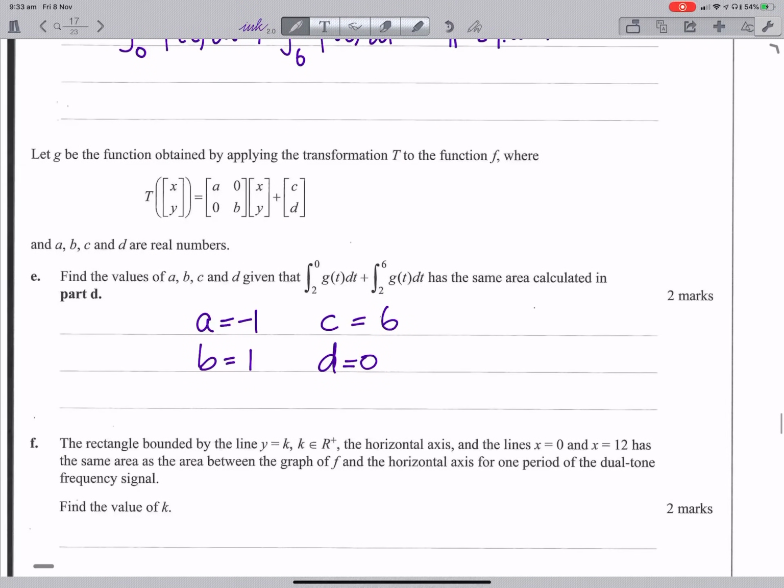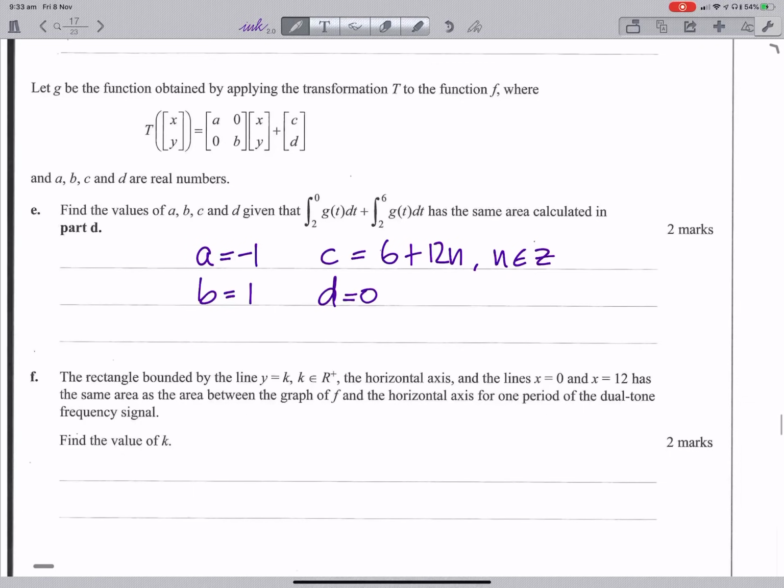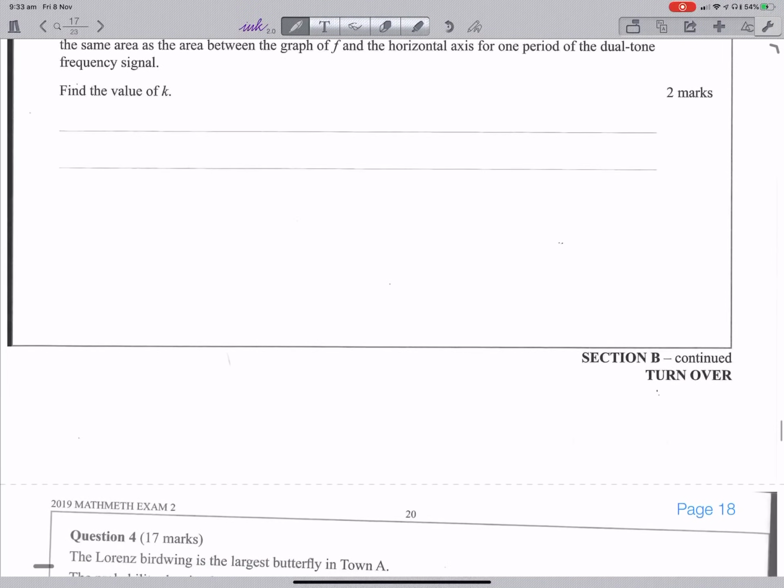I don't know whether they're going to want this in Methods. Plus 12n, n is an element of Z. So you could have any 6 plus 12n, because the graph has a period of 12, so you can move it left and right exactly that amount.